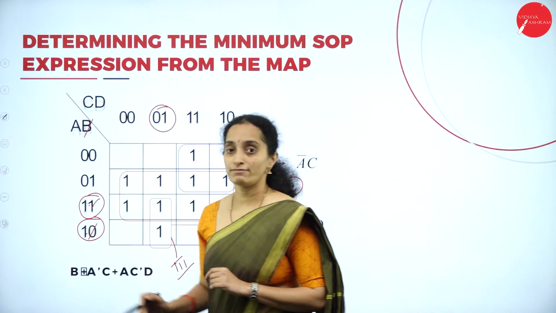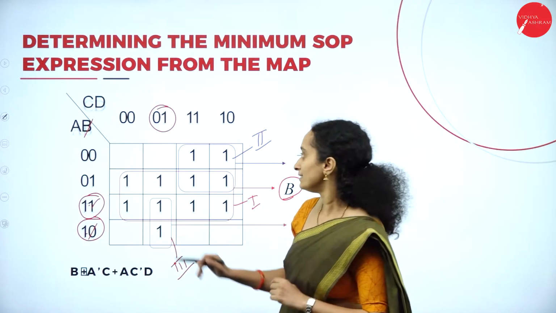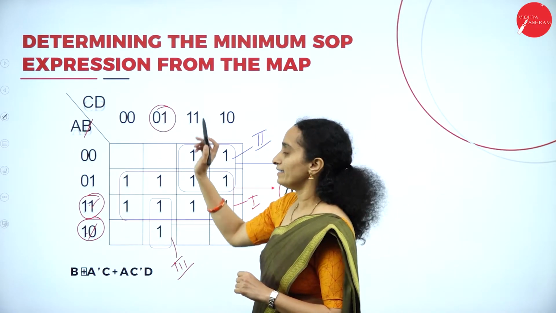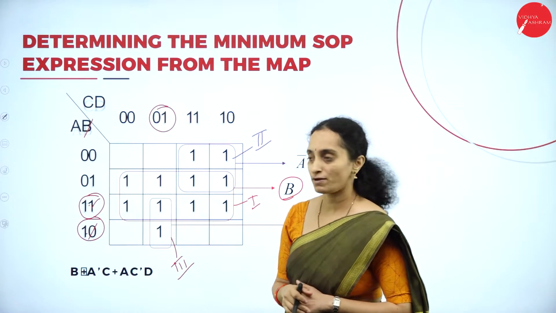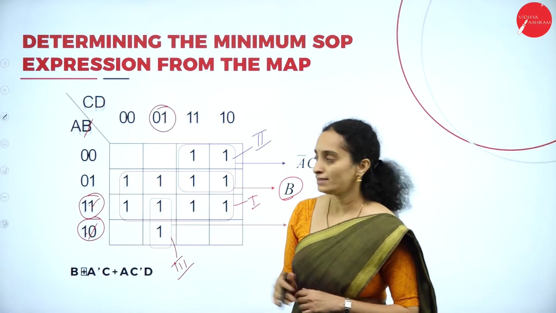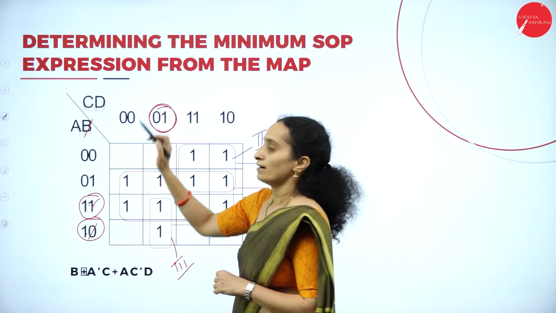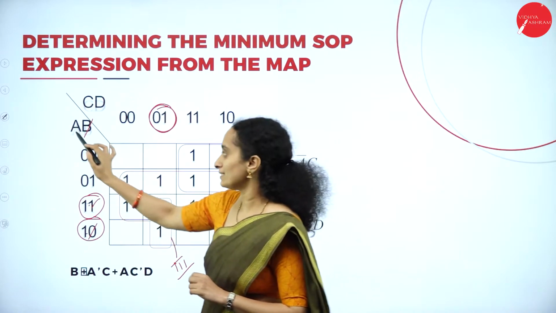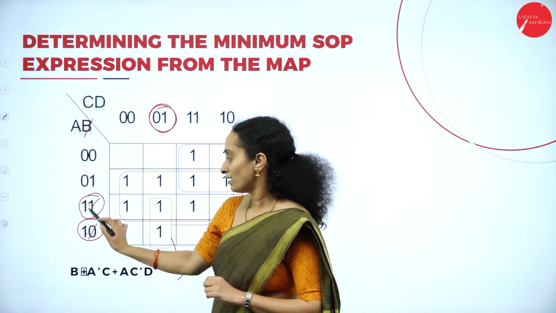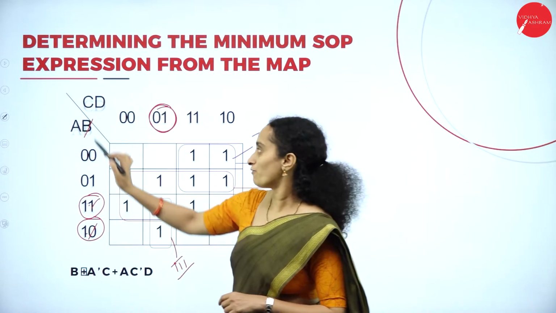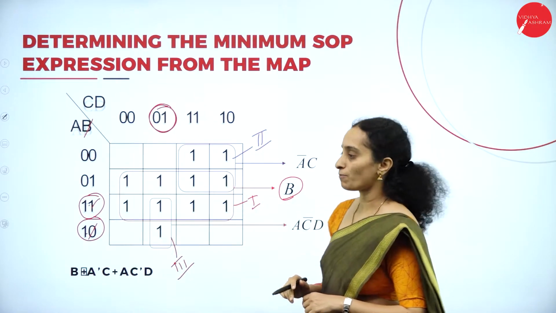When you look at the variables C and D, C is in complement form and D is in non-complement form. You don't have anything else to be compared with. So both the variables will be kept. Now the variables are A in the non-complement form, C in the complement form and D in the non-complement form.